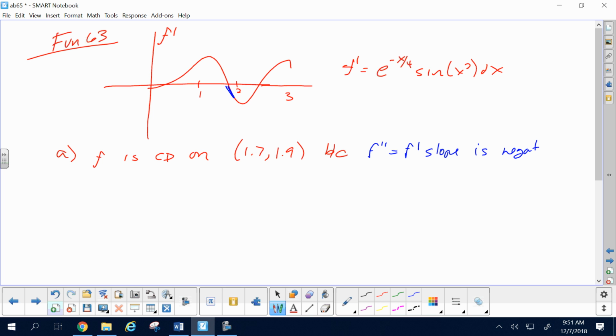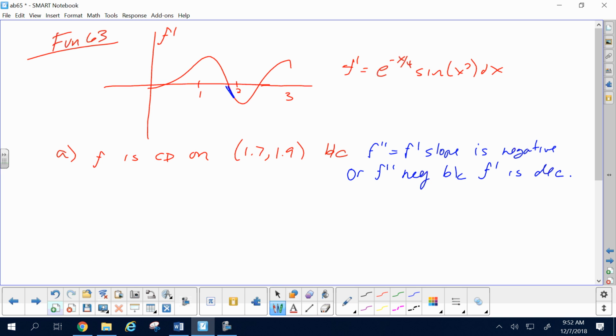Another way is to say F double prime is negative because F prime is decreasing. Either one of those is good. Give yourself 2 if you said F prime is decreasing or has negative slope, and that implies concave down. Then you get 2 out of 2.